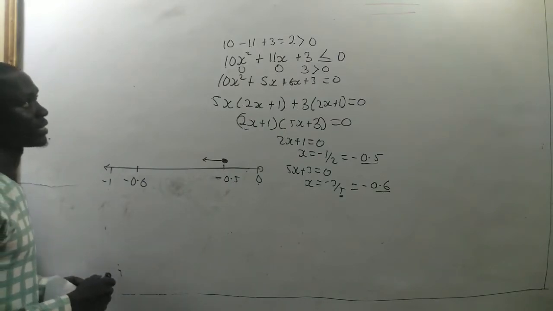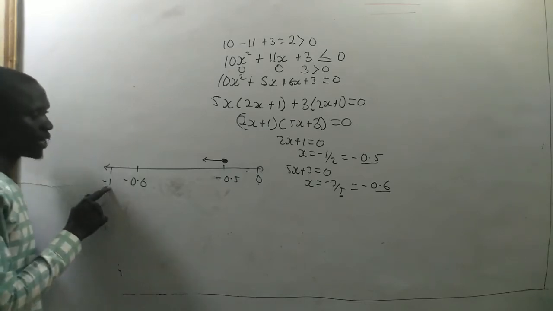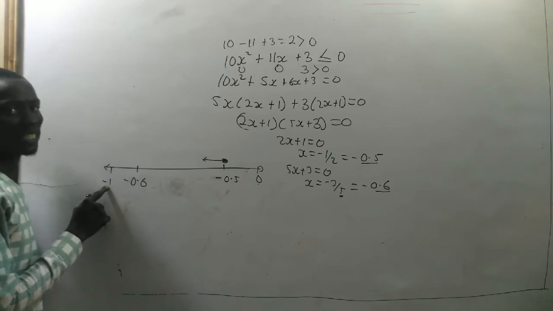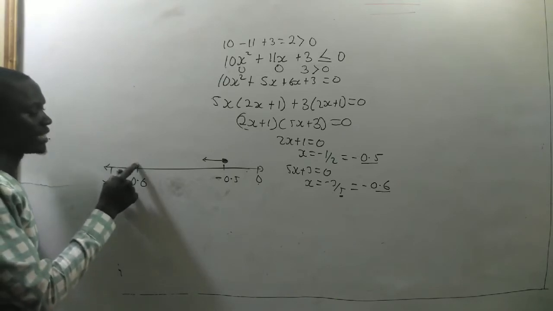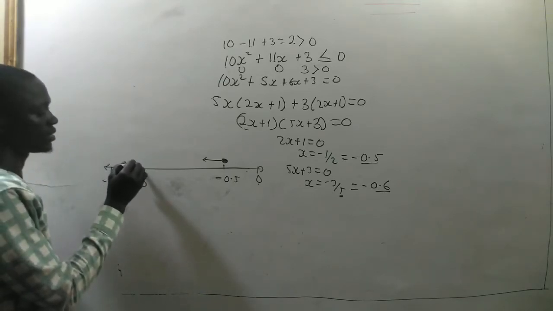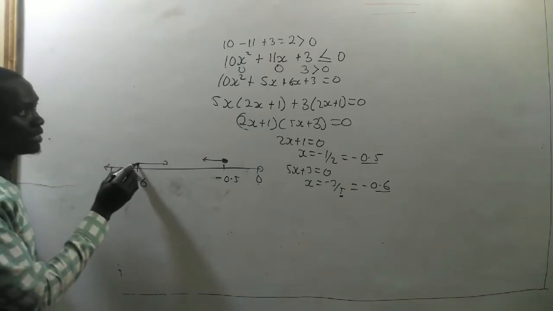Very simple as that. Now, here too, if I pick a value here, the value here will not satisfy the inequality. So if I stand here, I can't go here. If I stand here, I have to go here. And why have I done this?